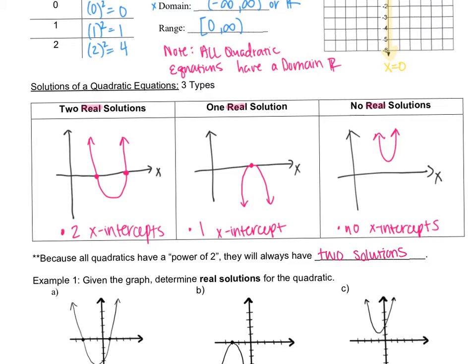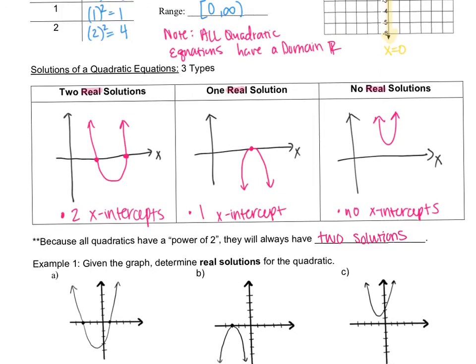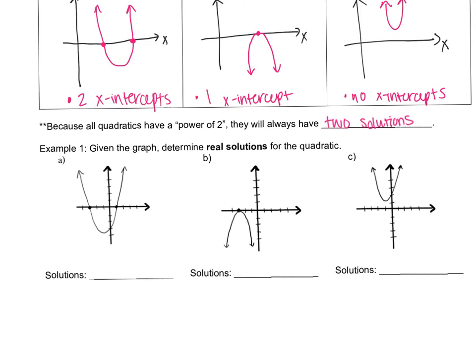So let's practice finding real solutions, so finding real x-intercepts that you can physically see on a graph. For part A, we can see we have a parabola and it crosses at 2 points. And so we need to know what 2 points they cross at. On the x-axis here, this one looks like at -3 and this one looks like +1, I think.